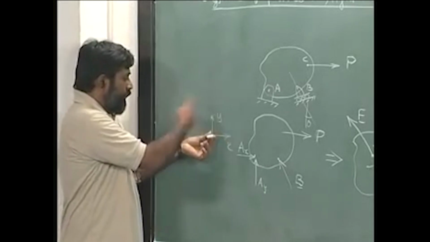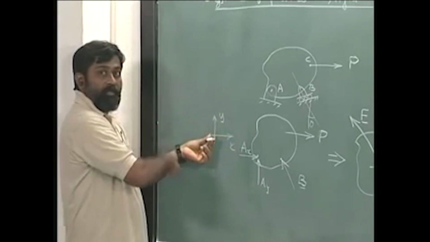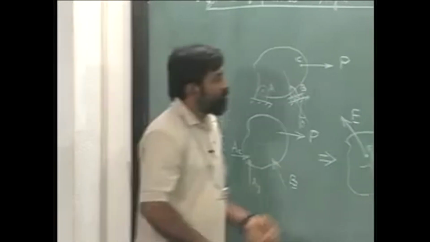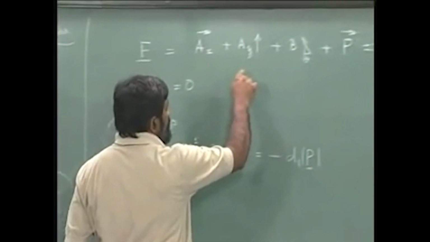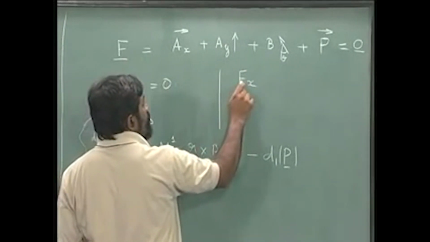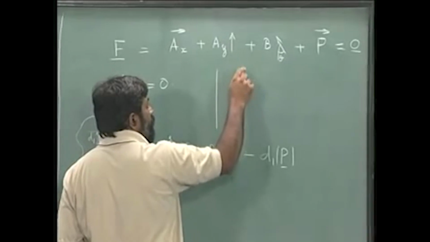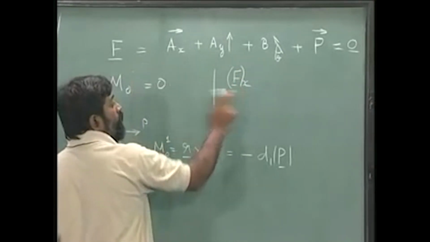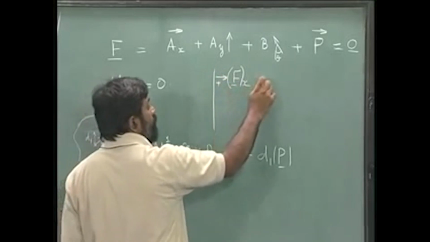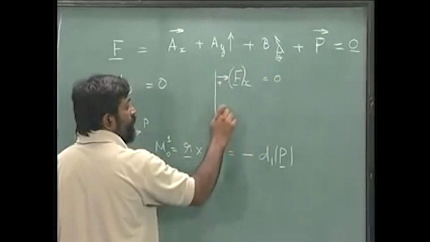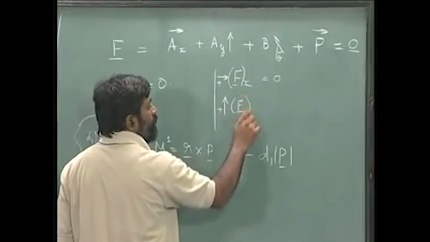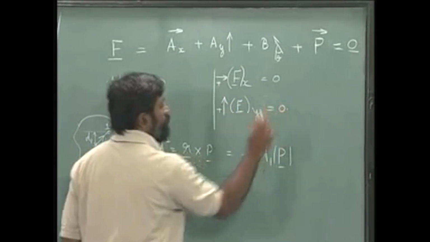So if I have a vector outward, the moment is going to be anti-clockwise, which is taken to be positive. So one way of doing this is I can write Fx, or the component of this force along x direction, which is this positive quantity, is equal to 0.